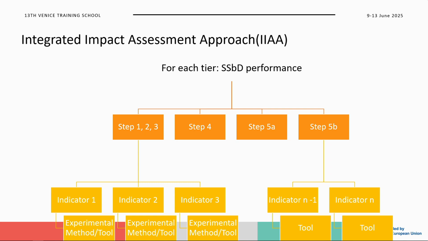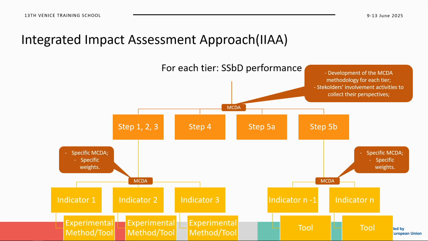And for each of them, we can identify specific indicators that need to be measured using experimental methods or tools. Now comes the need to develop methodologies to integrate this aspect. And this integration can be done both at indicator level, but also at the higher level, considering the different steps of the GRC framework.